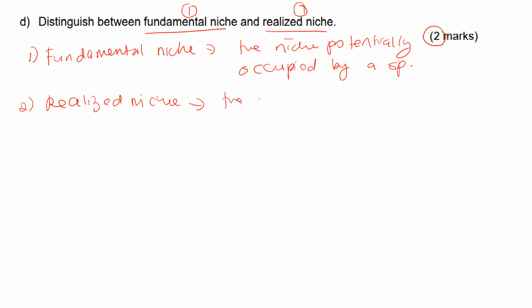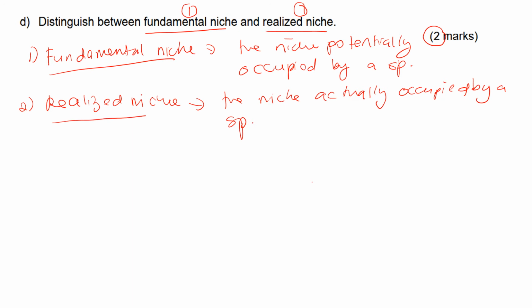And as for realized niche, is the niche actually occupied by a species. Okay, so what is the difference between fundamental niche and realized niche? If you look at the definition for each one, fundamental niche is the niche potentially occupied by a species.